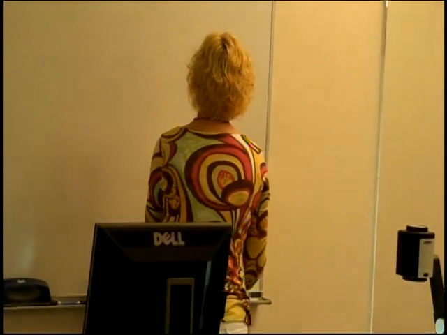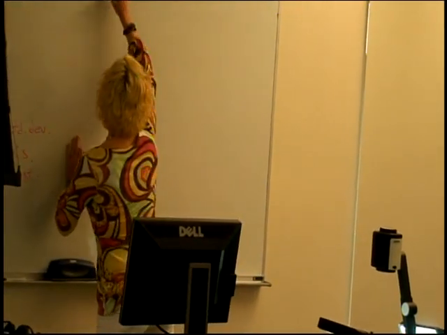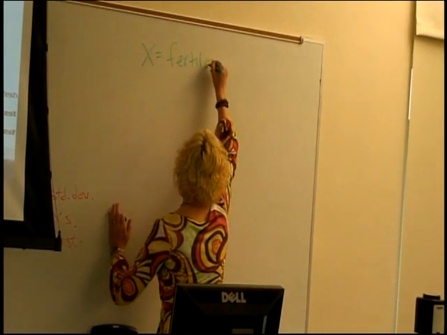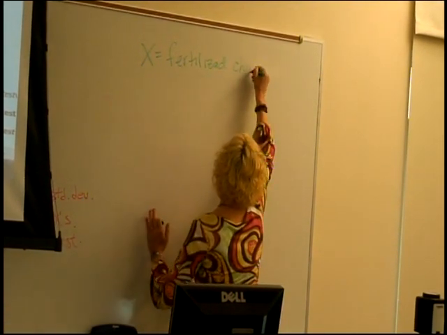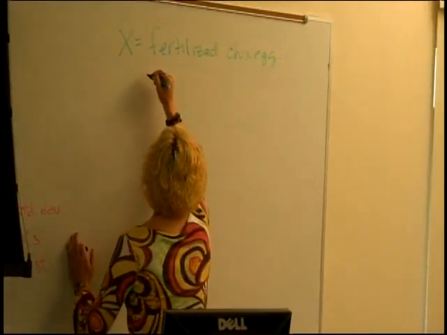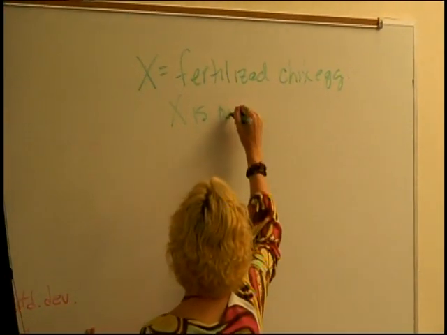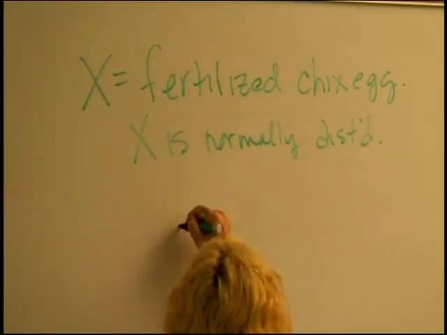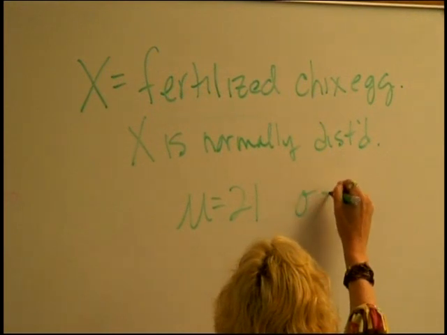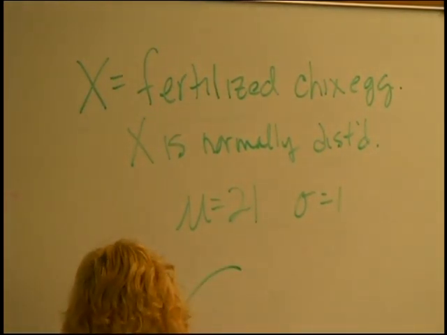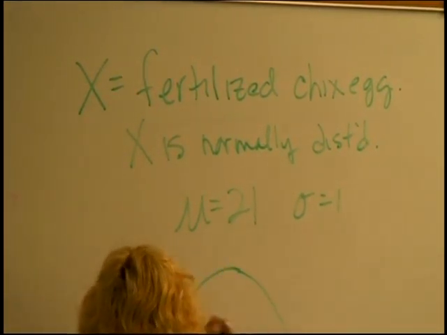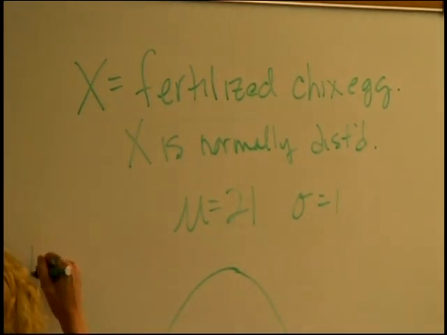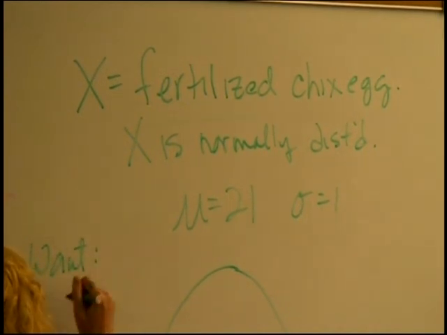So, again, our variable is a fertilized chicken egg. It's normally distributed, mean 21 days, standard deviation of a day. Part A: we want the 17th percentile.